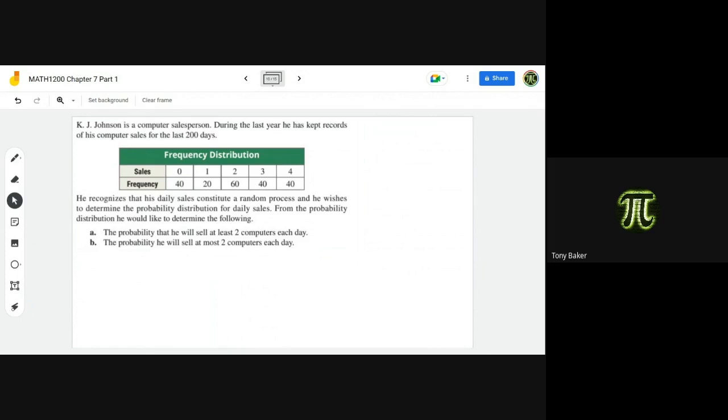What is the variable? Sales. How many computers did these sell? Okay, so variable is sales in this case. What are the values that I can have?